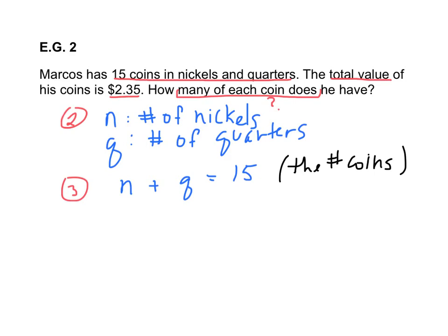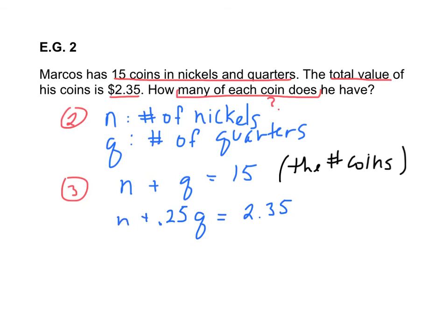The other equation is probably something to do with $2.35, which is the total value. So now in our equations, we need to factor in what's the value of a nickel, what's the value of a quarter. When you add those values together, the total is 2.35. So we've got to keep in mind the decimal. So let's talk about the quarter. Each quarter has a value of 25 cents.